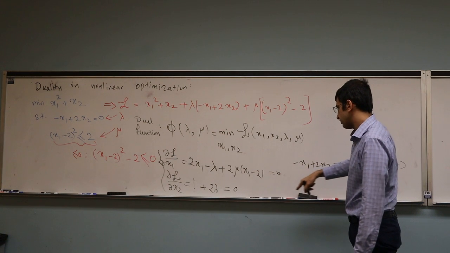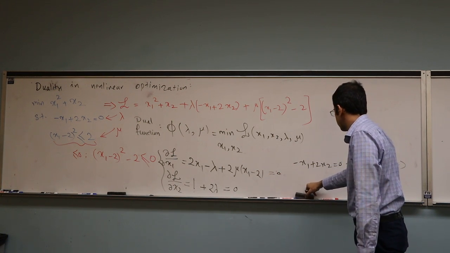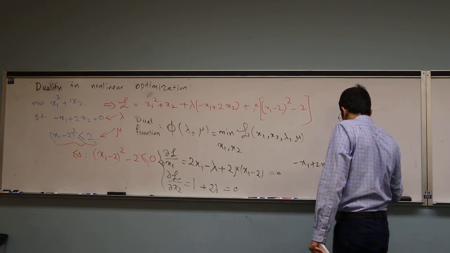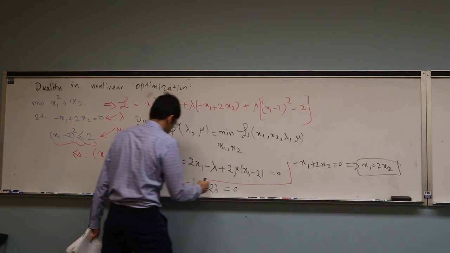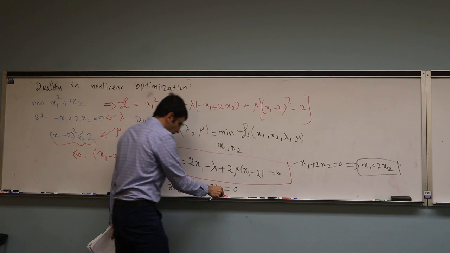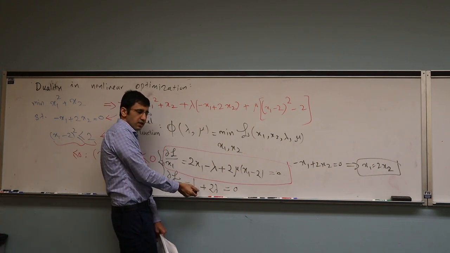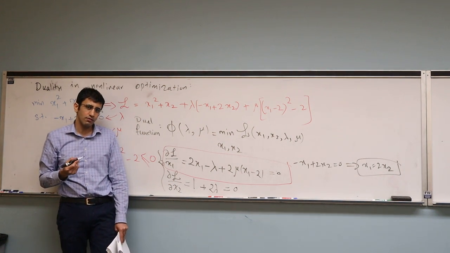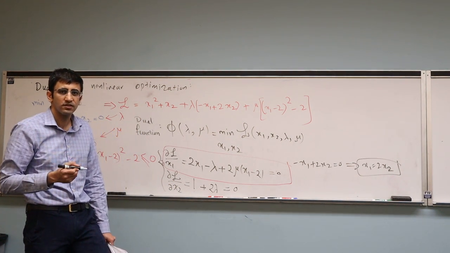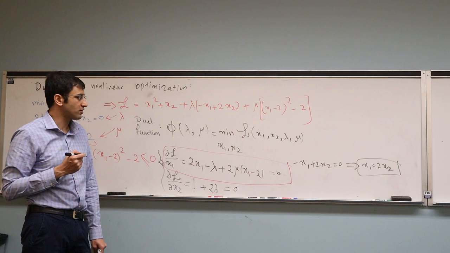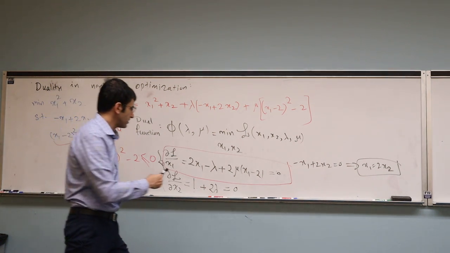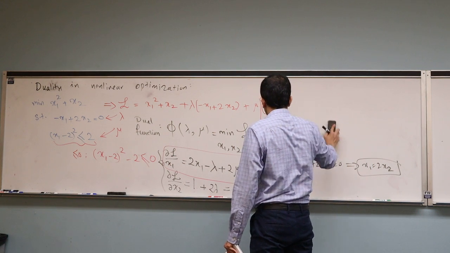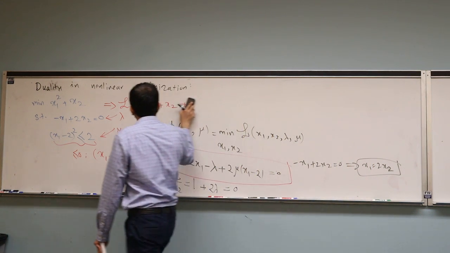Okay, why don't I look at this one at this point? Because I don't want to find the value of lambda. What I want to do is find the value of x1 and x2 as functions of lambda and mu. So given these two equations, I can do that. Let's remove this part that we already used.